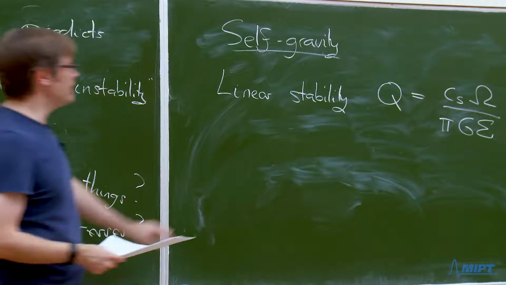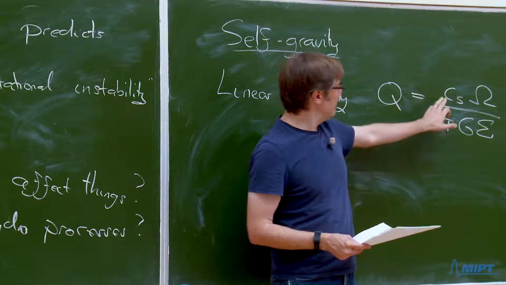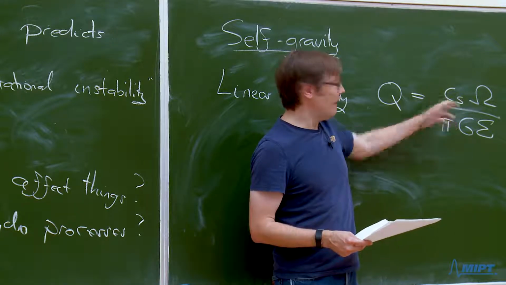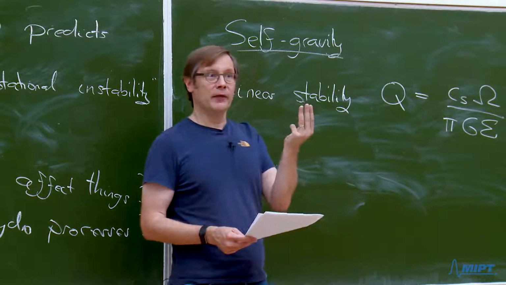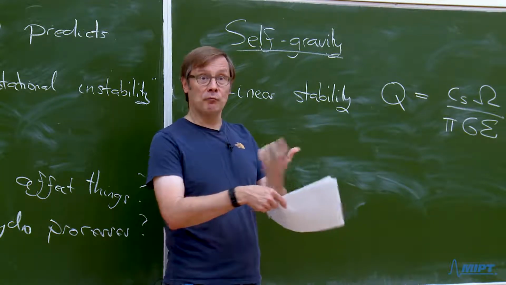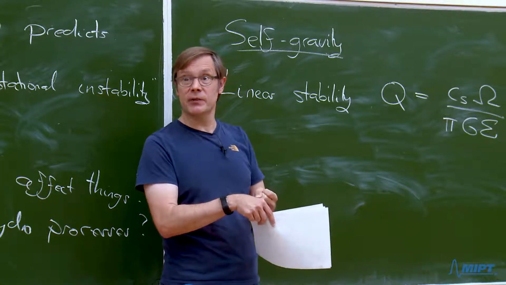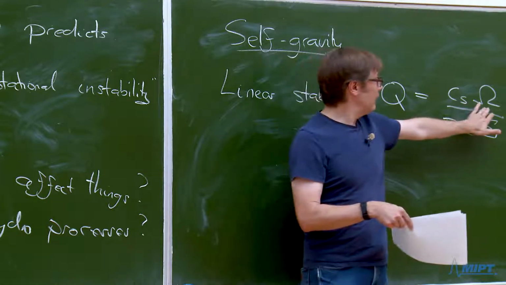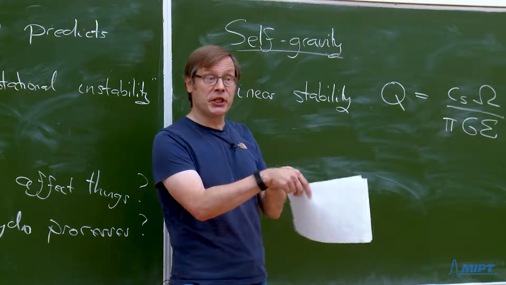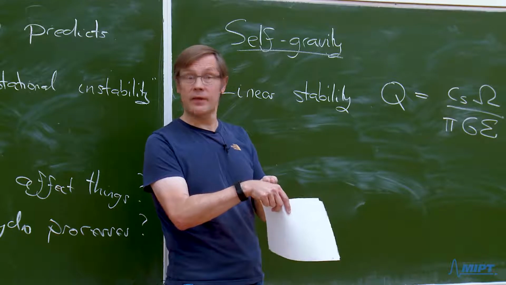Okay, so this is a dimensionless quantity which you can create by basically multiplying together the three things that might control stability. So the sound speed will say something about the role of pressure in resisting self-gravitating disturbances within the disk. Omega will say something about the role of rotation in shearing apart disturbances that are created within the disk.